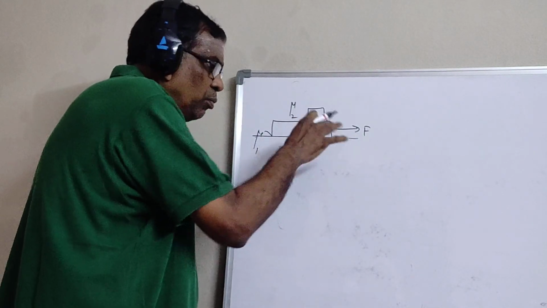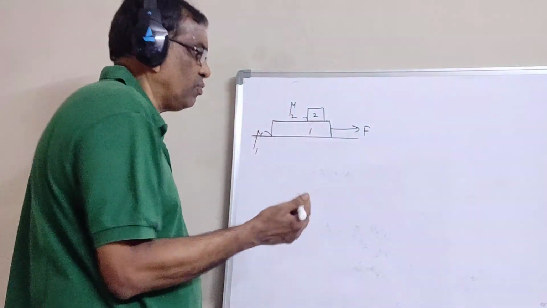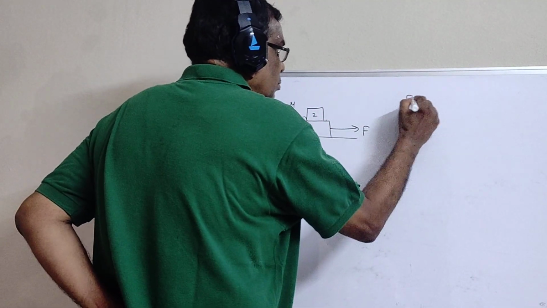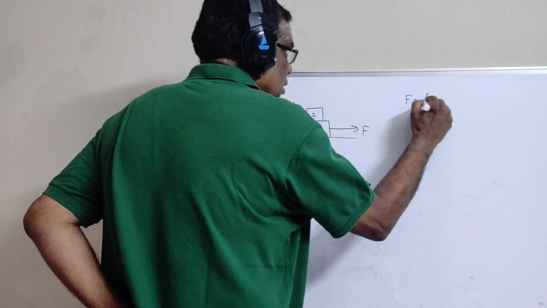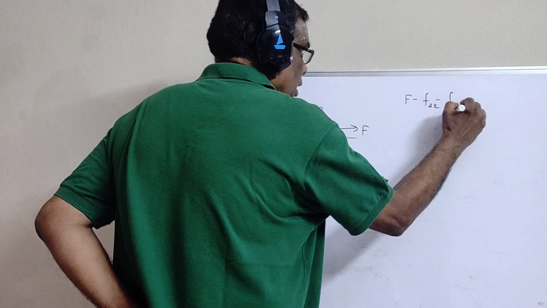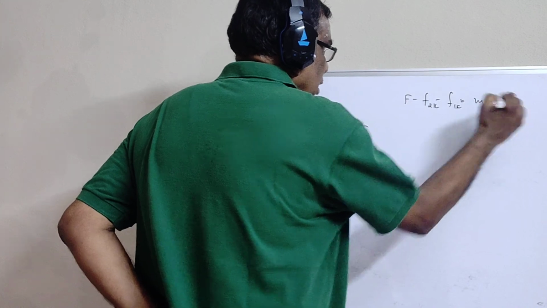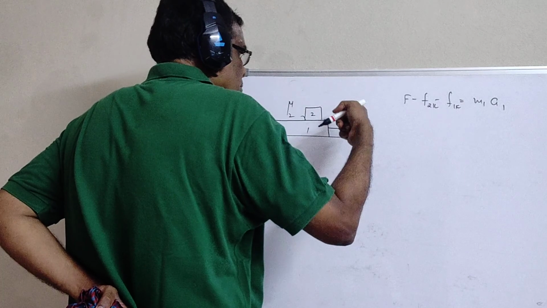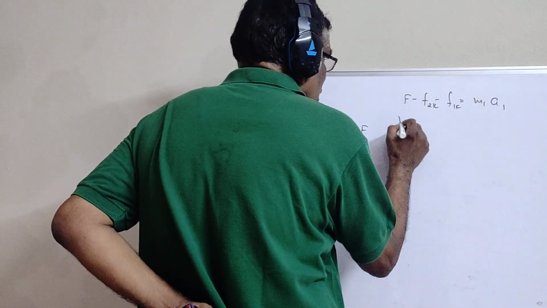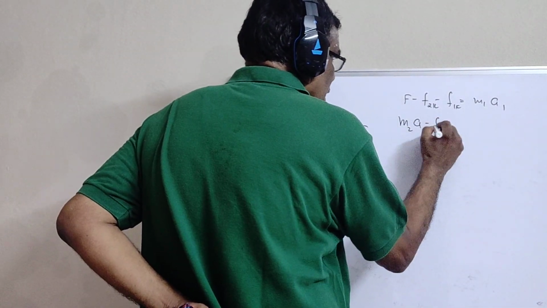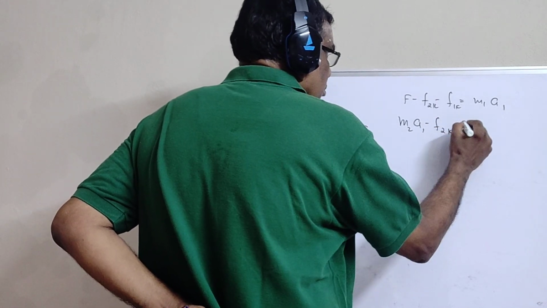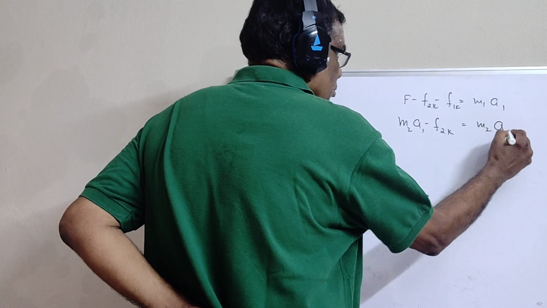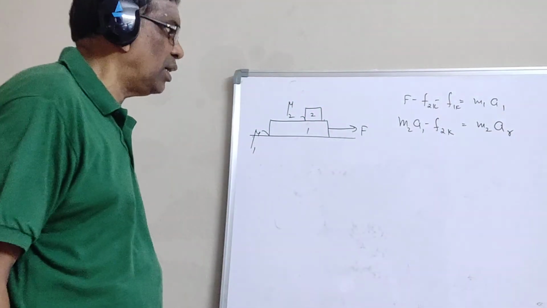I took that all bodies were slipping first, that's how I started, so that F minus F2k minus F1k is M1 a1 on the lower body, and for M2, with the pseudo force, minus F2k is equal to M2 AR.